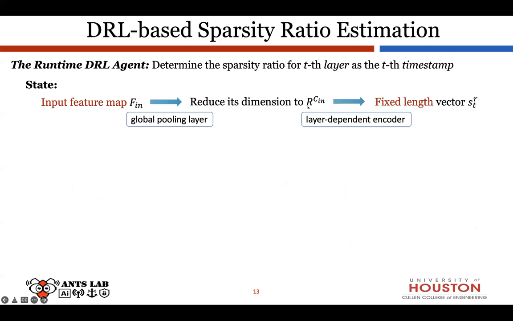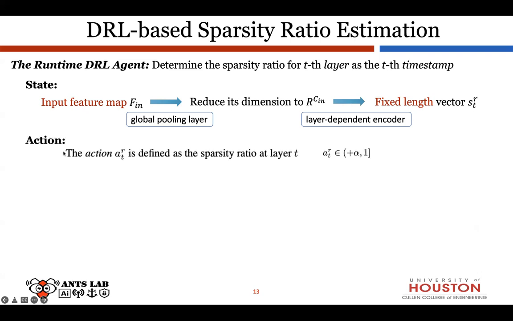Next, we feed this RC in to a layer dependent encoder, and we will get a fixed length vector STR. It is a representation of the original input feature map. We can use this term as the state.